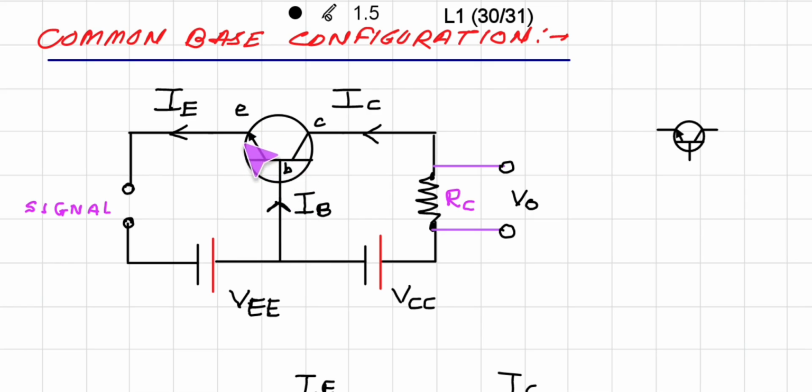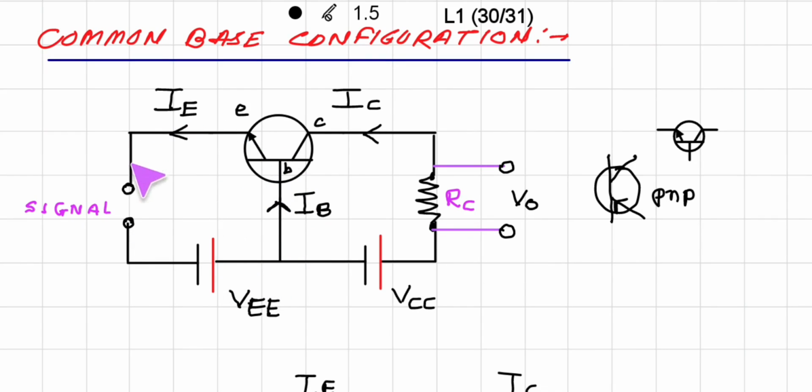By observing the arrow you can understand that this is an NPN transistor. Remember that if the arrow of the emitter is pointed inside, that is a PNP transistor, but here the arrow is pointed outside, so this is an NPN transistor. To make the base emitter junction forward biased, the N terminal should be connected to battery negative and the P terminal should be connected to battery positive.